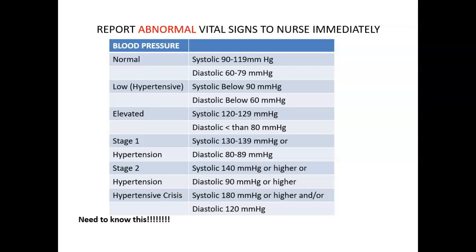This is blood pressure. Okay, so normal: we have a systolic, which is your top number, and diastolic, which is your bottom number. Systolic, you want it to stay below 120. You see the top number in there is 119, and below 80. We see the top number on the diastolic is 79.